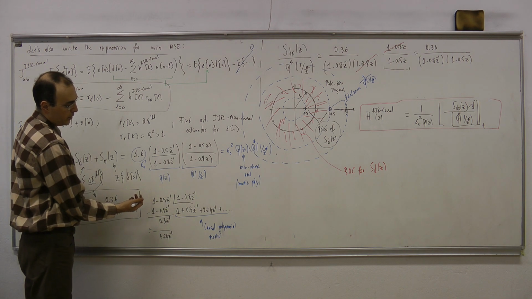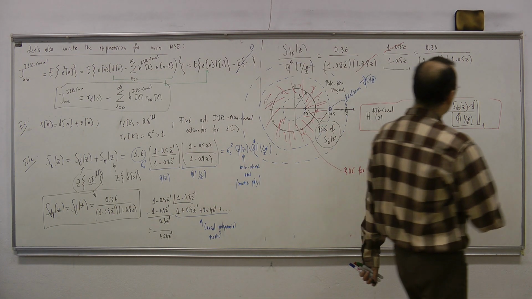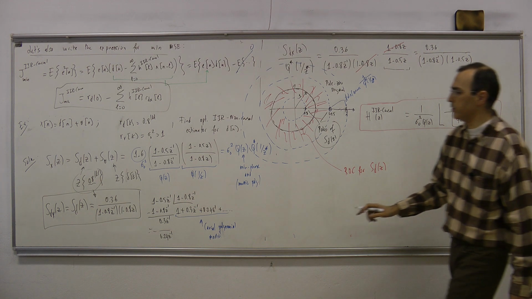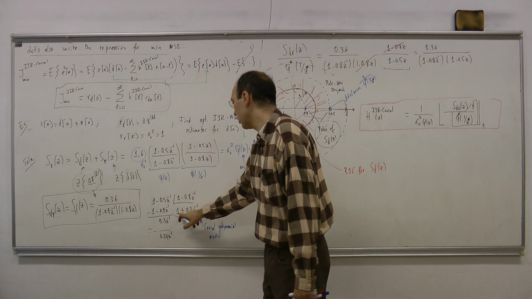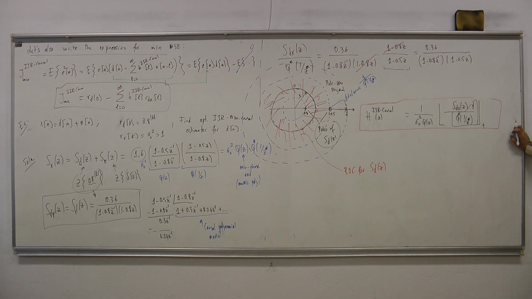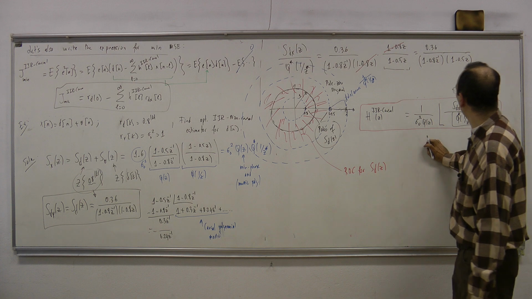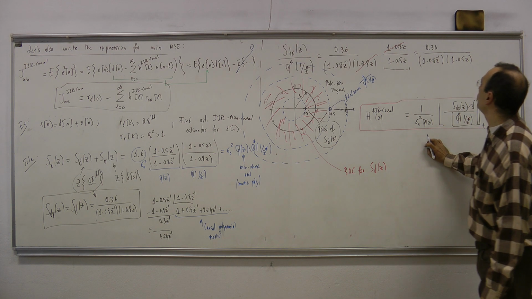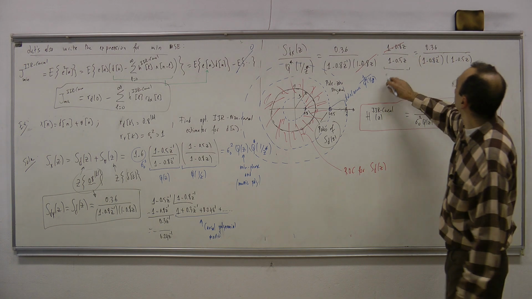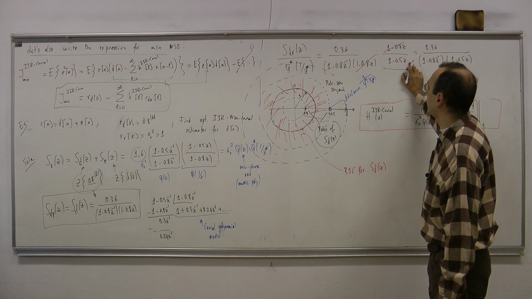Then Q of 1 over Z is an anti-causal filter, because if you replace Z's by 1 over Z's, you get an anti-causal filter. Then what we see is the following. For the other one, the region of convergence is this.